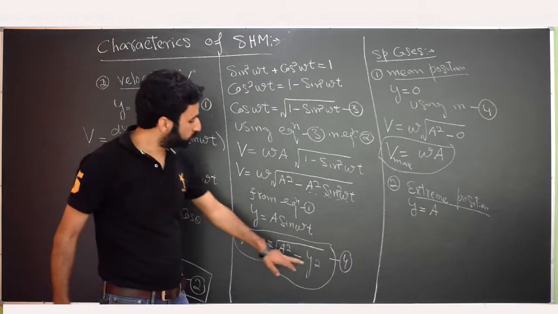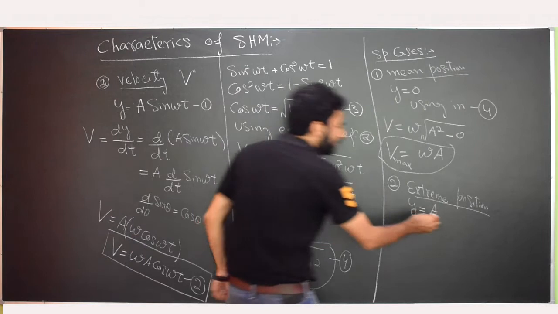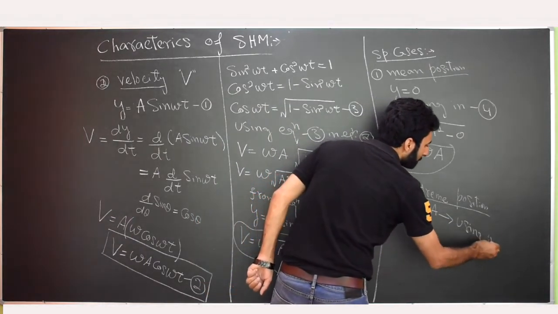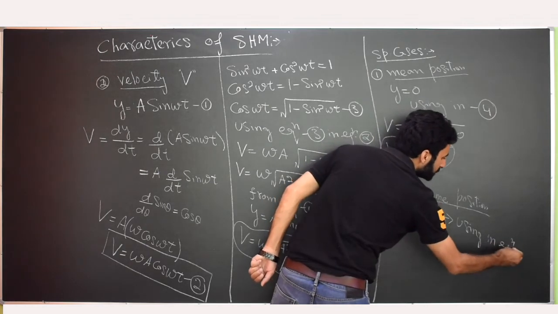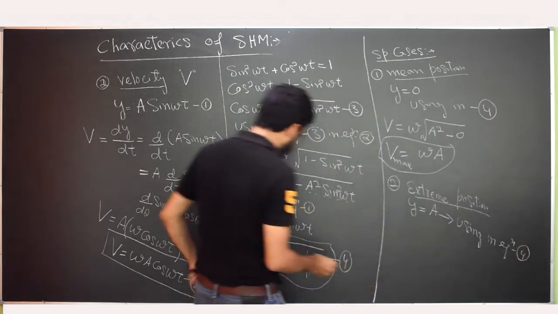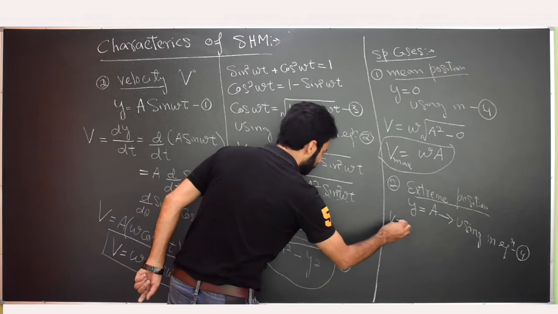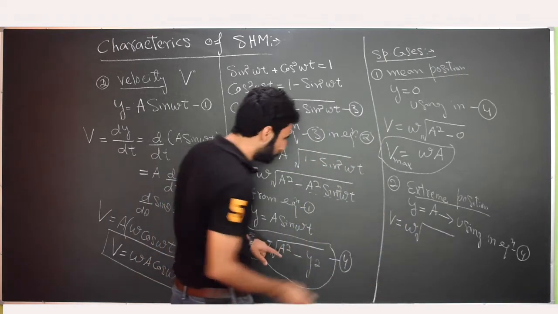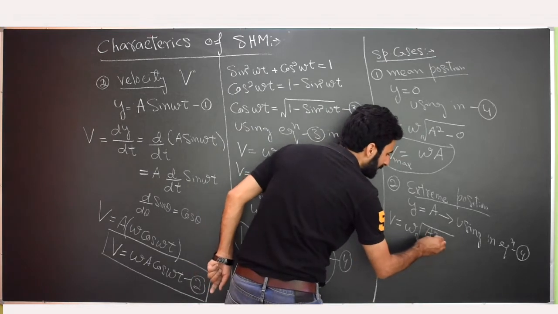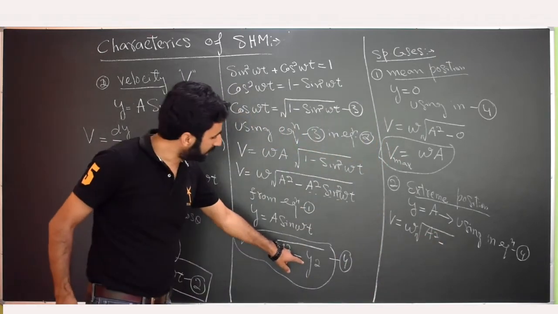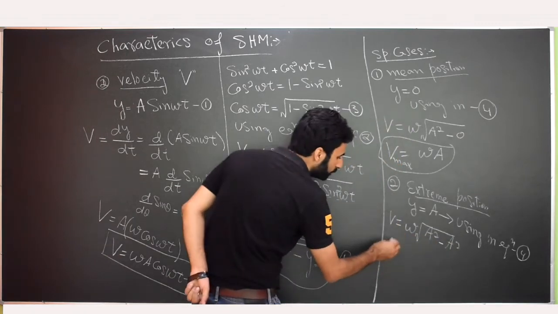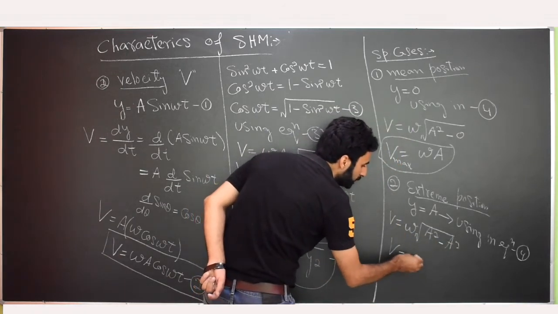So once you use y is equal to A in equation 4, what we'll get is v is equal to omega under root of A square minus y, which is now equal to A, so this will again be A square. A square minus A square is 0, so velocity will be equal to 0.